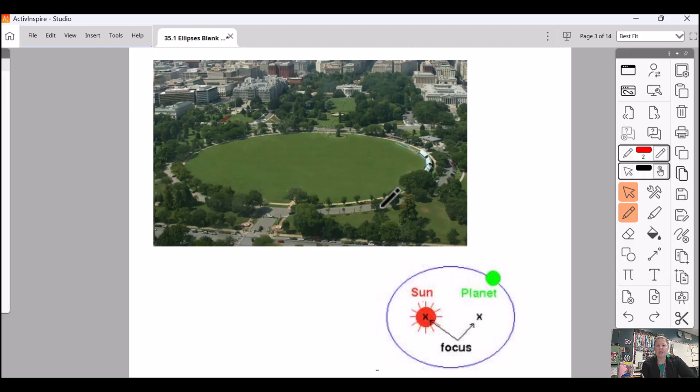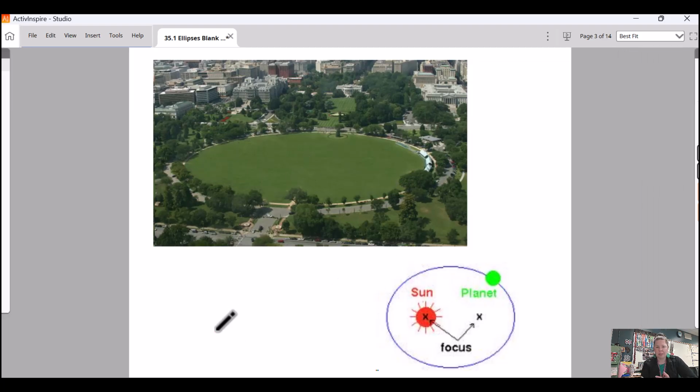Here are a couple of places where you see ellipses in the world. This is the White House right here, and across from the White House lawn there is an elliptical garden park. They call it the Ellipse. And if you were unaware, the sun is one of our focus points as our planets travel around the sun.